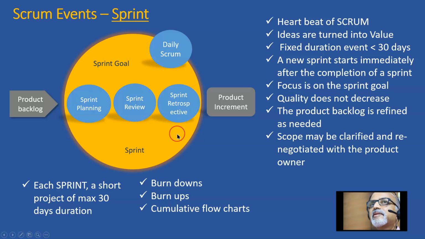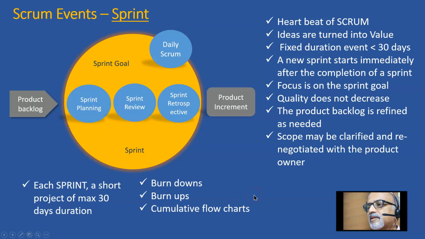To monitor the progress of the sprints, the teams may use burn downs, burn ups, cumulative flow charts. Again, it is not mandated by the Scrum Guide. Some people use earned value for Agile for Scrum. That is okay. So it is up to the team.